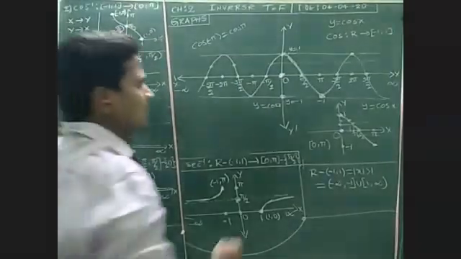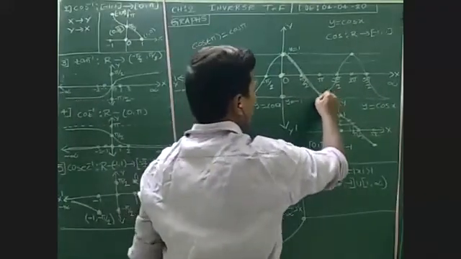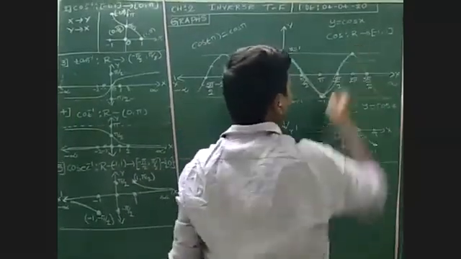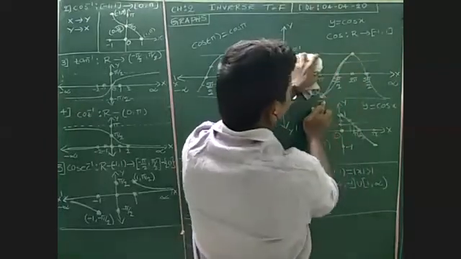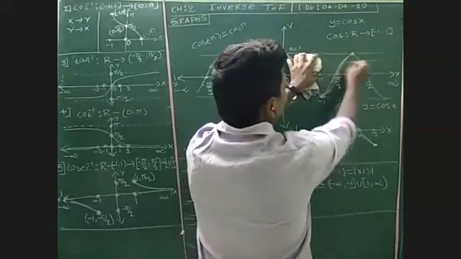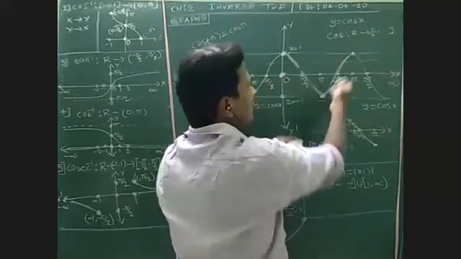You may get a doubt, sir, why do we take only 0 to π? Why don't we take from π to 2π? This is also one loop. If I take only from π to 2π, here also it will satisfy the one-one and onto conditions.